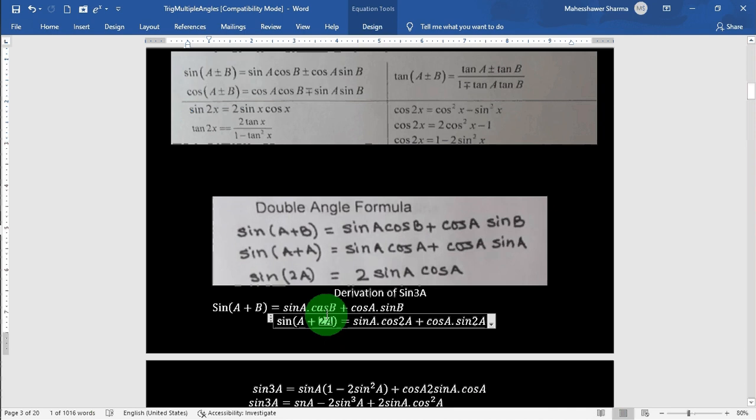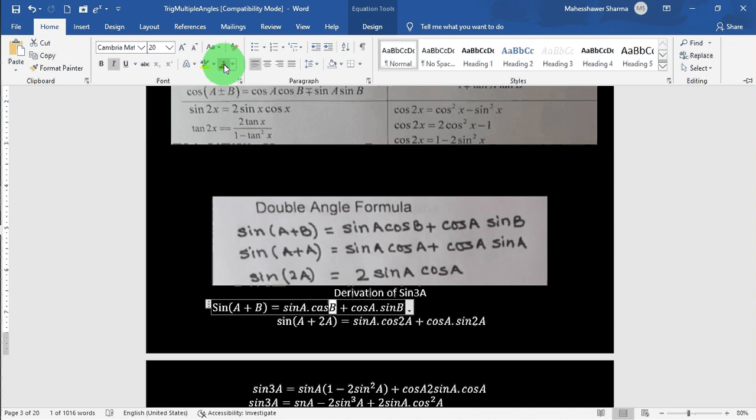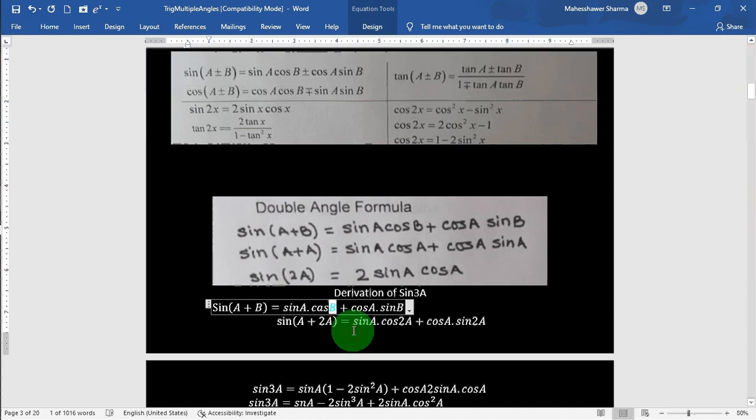Wherever we have b we keep 2a. So we get sin a into cos 2a, plus cos a into sin 2a.